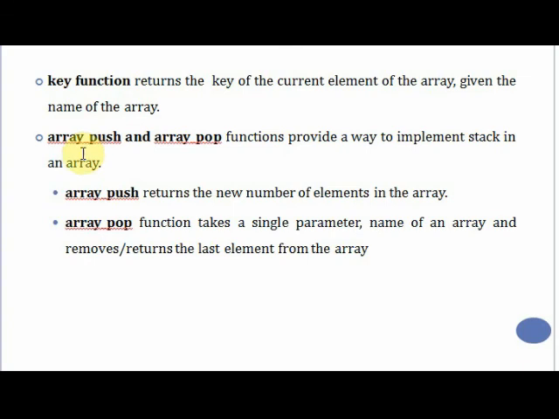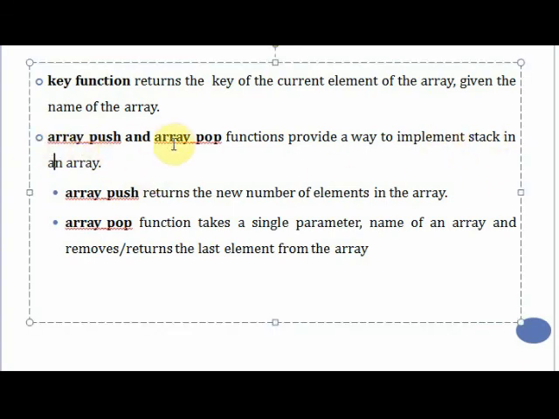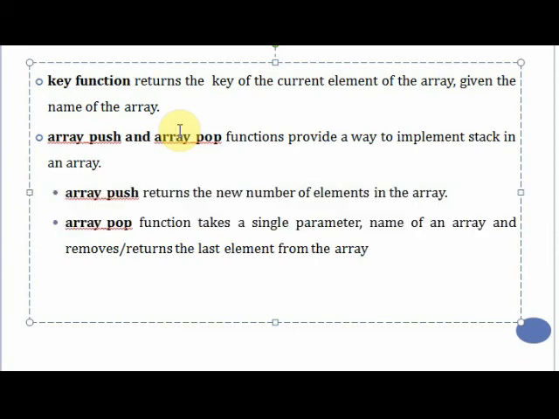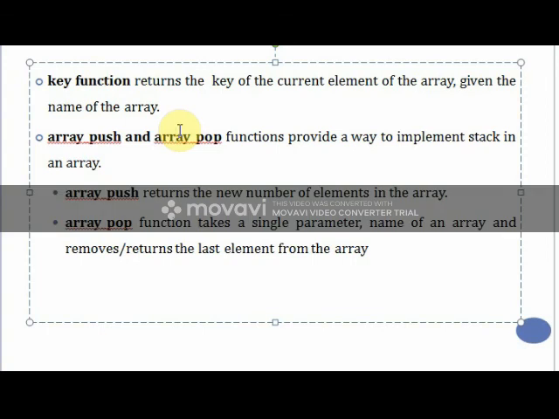Next you have some functions related to implementation of a stack in an array, that is array push and array pop. So what does array push do? Array push takes as its first parameter the name of an array.